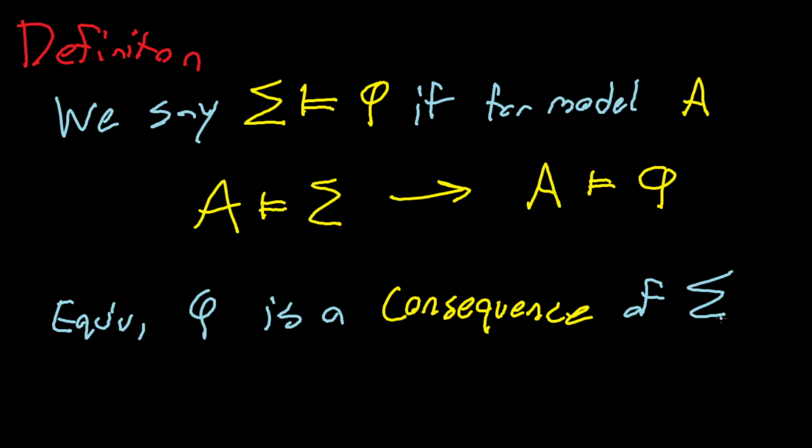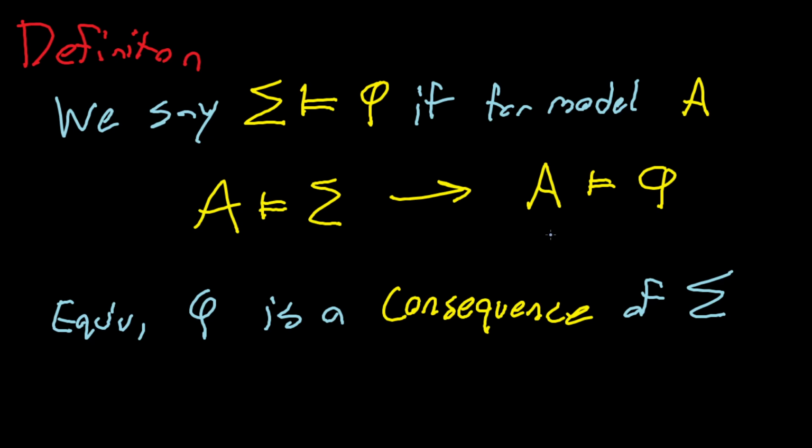So the idea is, remember, models are objects that exhibit the set of sentences. So if A is a model of sigma, that means A is an object in which all of the sentences in sigma are true. If it happens to be the case that implies that A is a model of phi, what that means is that phi is another sentence true of the model A.